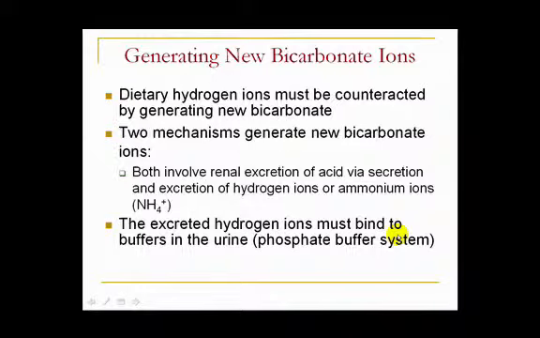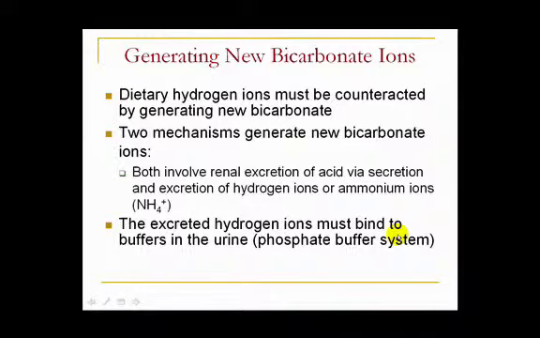But then something changes. For example, your diet brings in more acid, more hydrogen ions. Well, now you're going to need to produce new bicarbonate to deal with these additional hydrogen ions. Or let's say you start exercising and produce lactic acid. You're going to need to produce additional bicarbonate to counteract these additional acids.